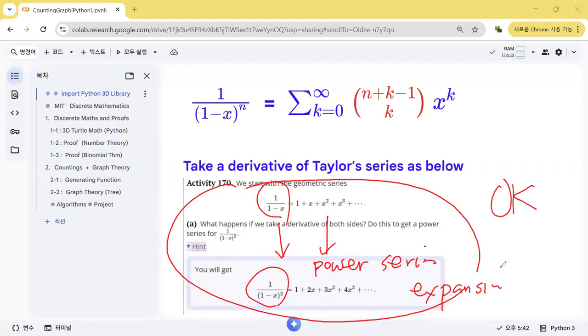The one is using the Taylor series expansion, but also binomial expansion. But both of them have exactly the same result. So this is one of the beautiful interchanges between Taylor series and binomial theorem. Okay, so this is the Monday quiz problem.